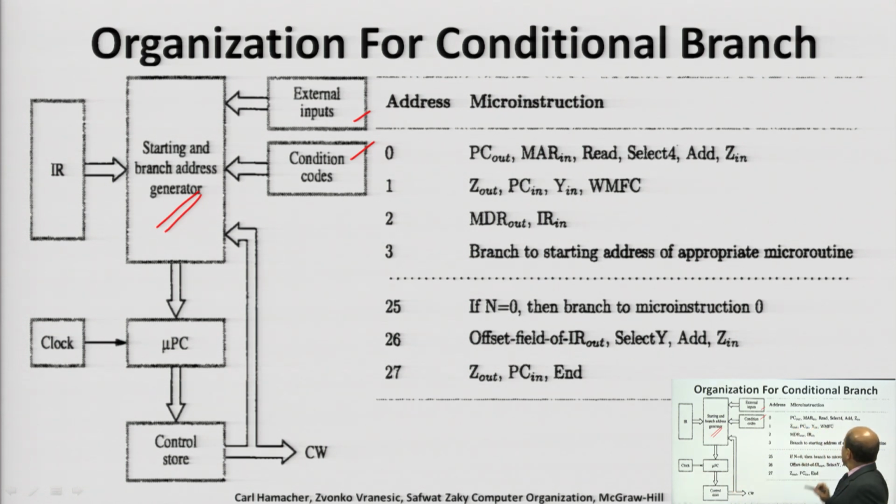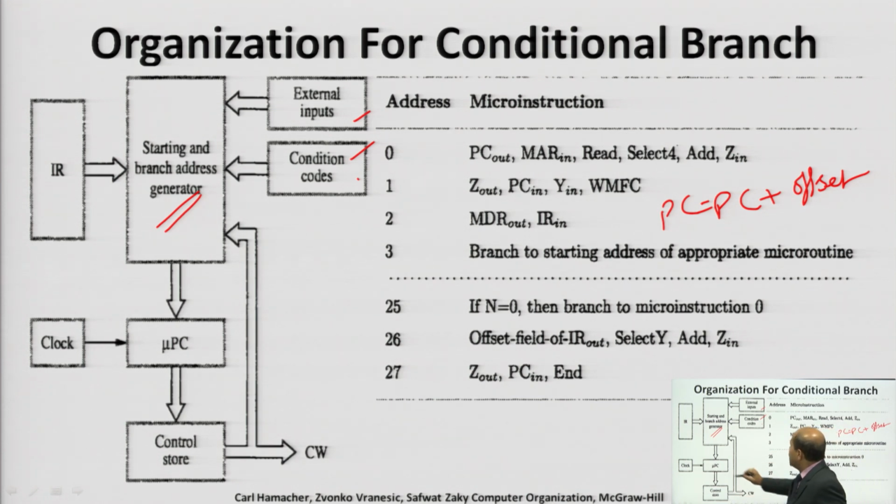If it is an unconditional branch, then it will directly jump to the particular location, and if it is a conditional branch, then conditions are checked, and if these conditions are met, then it will jump to the particular location and the operation PC equals PC plus some offset value will be performed, and that location will be generated. And if the condition is not met, then it will go to the starting address or 0 location, or the first address of the instruction micro routine.